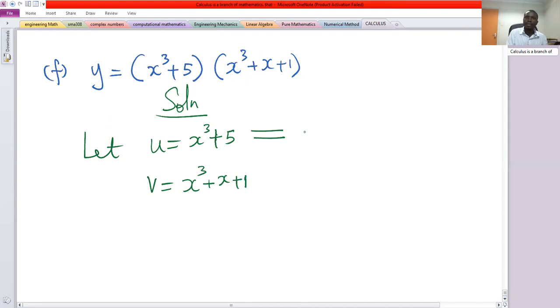This means that u prime is 3x squared. This means v prime is 3x squared plus 1.